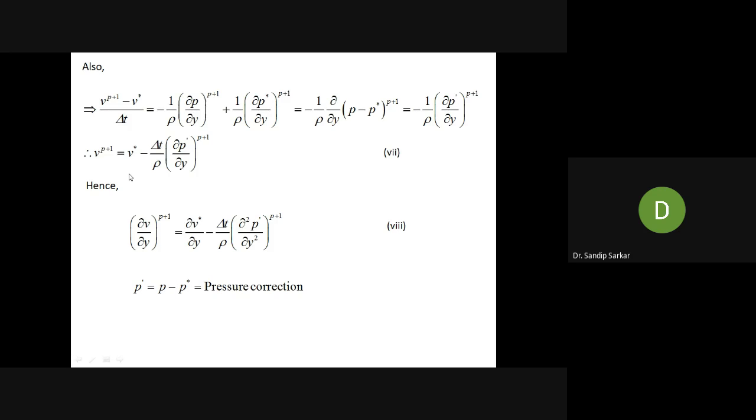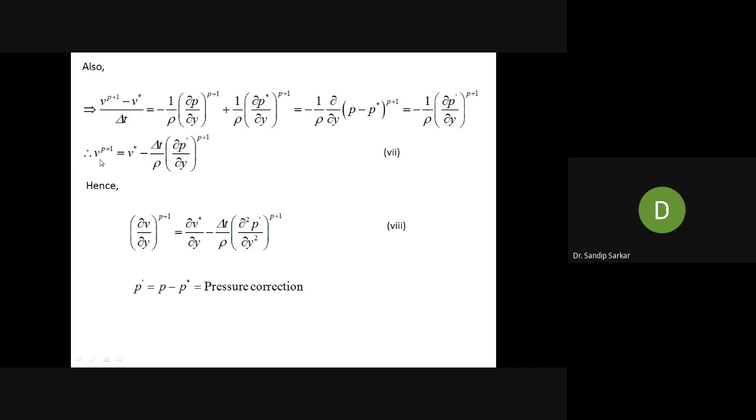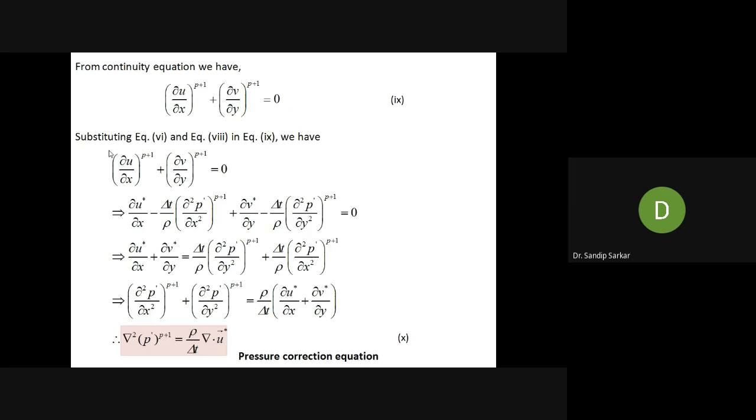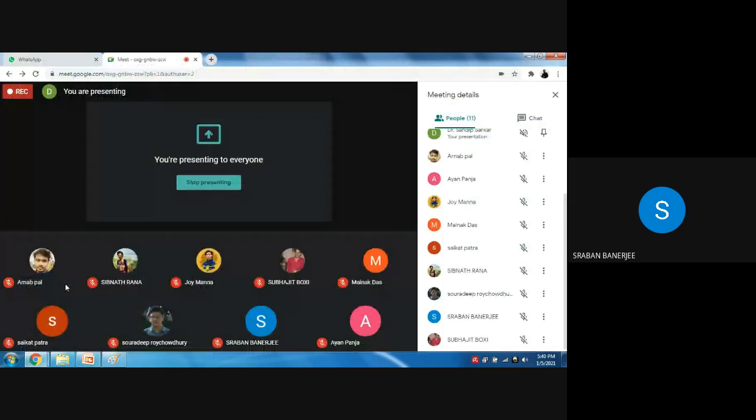Then we correct the velocity, using the velocity correction equation: u n plus 1 equals u star plus a term in p prime, and likewise v n plus 1. Basically, we are obtaining the present time step velocities, u n plus 1 and v n plus 1. This is the SIMPLE algorithm, or Semi-Implicit Method for Pressure-Linked Equations. Clear?